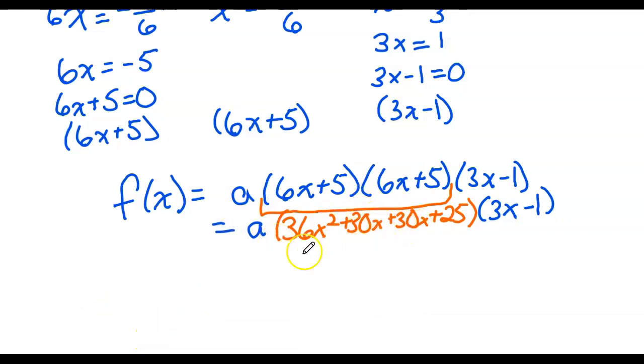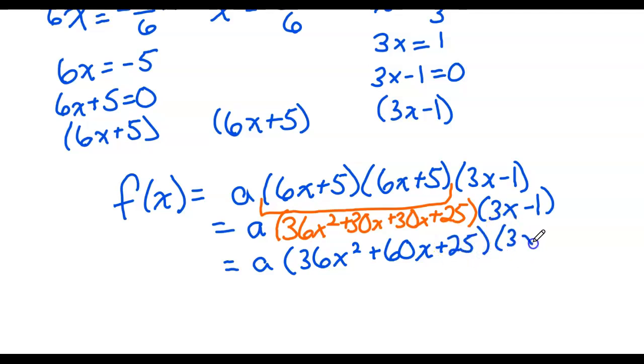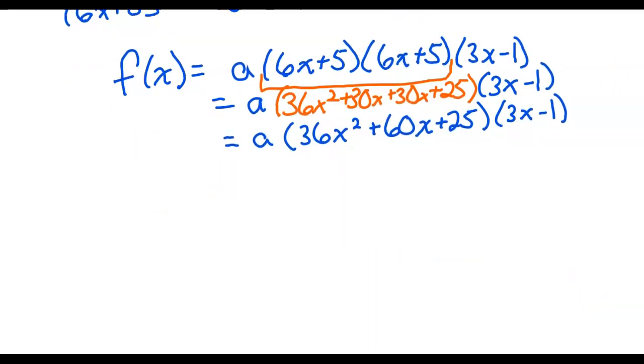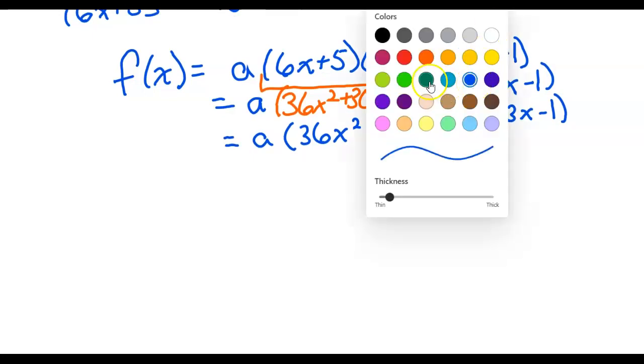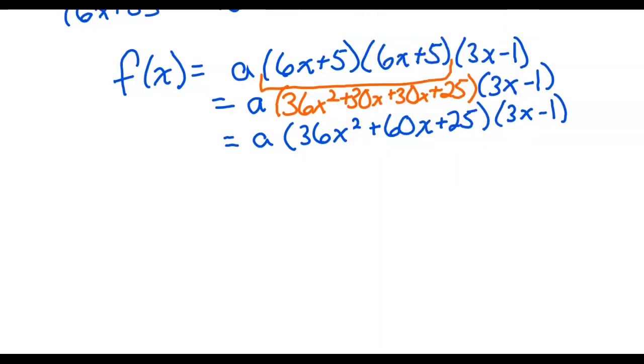Now I'm going to clean up this middle part a little bit, simplify it. So I have 36x squared plus 60x plus 25 times this 3x minus 1. I'm going to multiply these two things together.